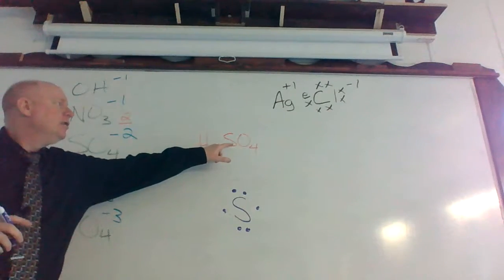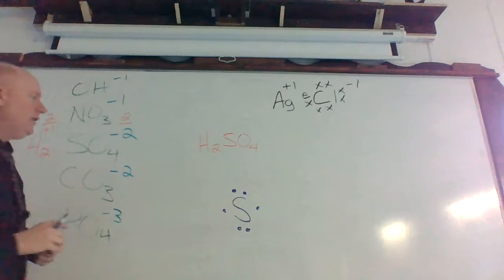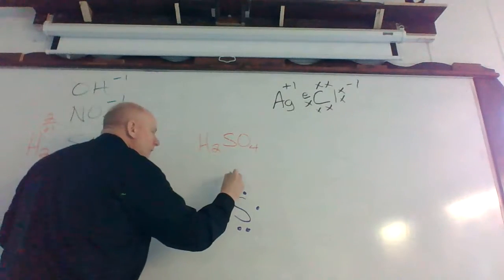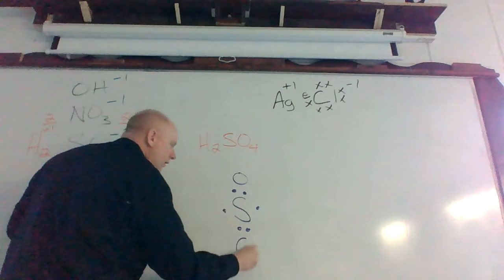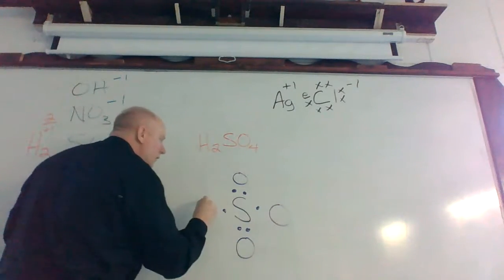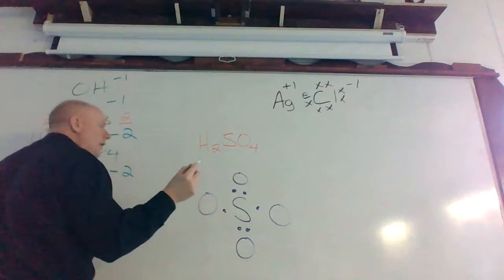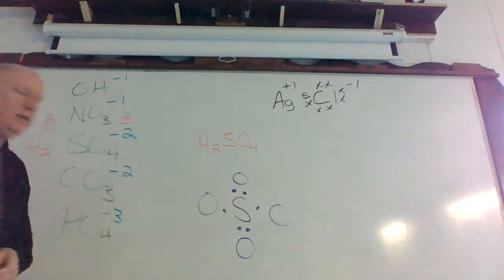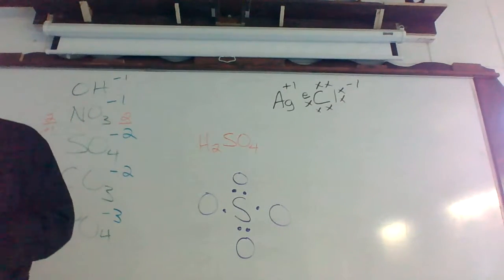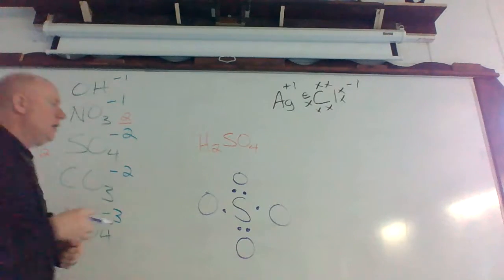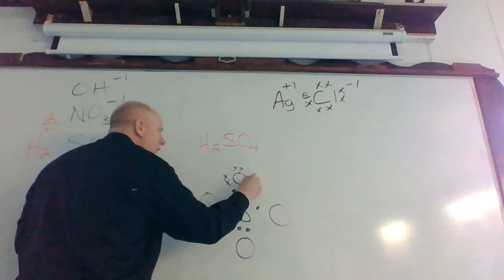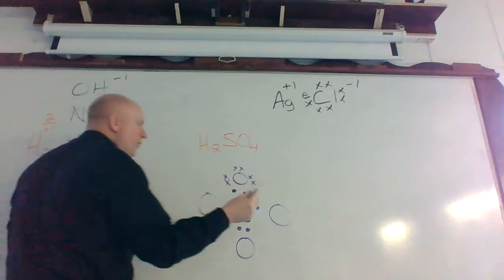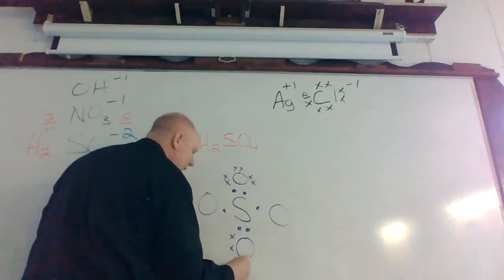So now we're going to take care of these oxygens. We're going to put 1 here, and 1 here, 1 here, and 1 here. Now, oxygen is also in what column? So we would put these down. What's called a coordinate covalent bond.